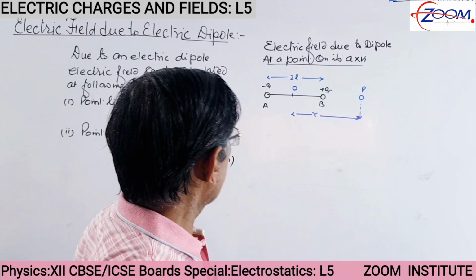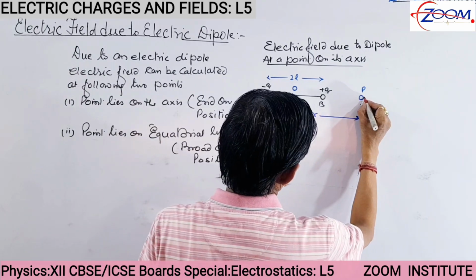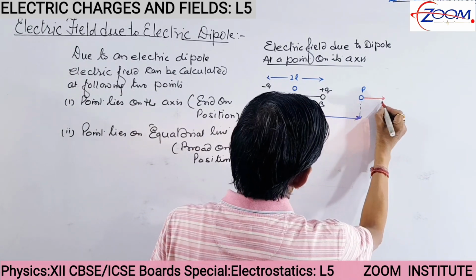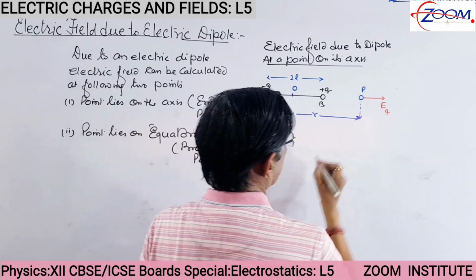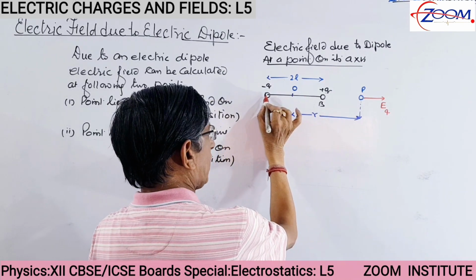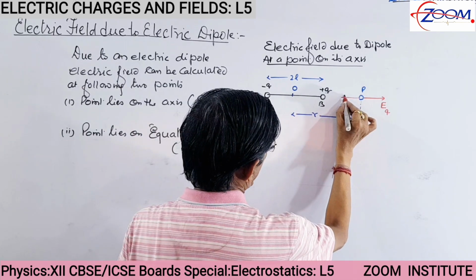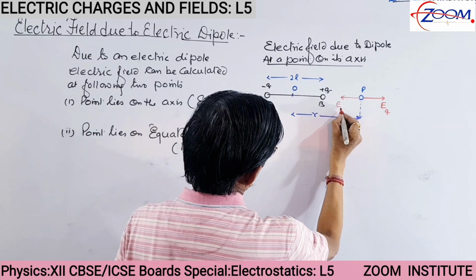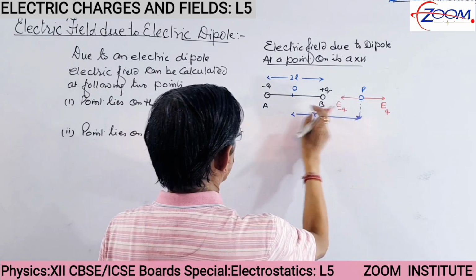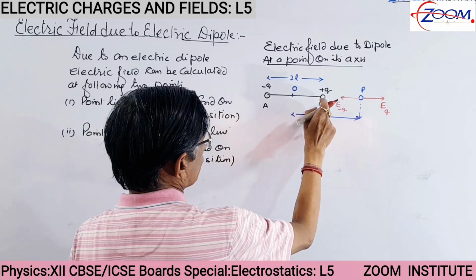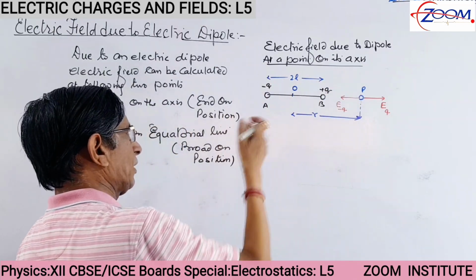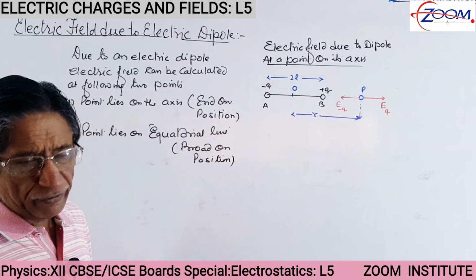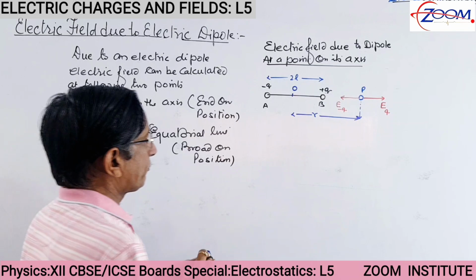So due to positive charge, the electric field will be radially outward. This is electric field due to positive charge. And due to this charge, the electric field will be towards it. That is electric field due to negative charge. So electric field due to positive charge will be towards right, and electric field due to negative charge will be towards left.